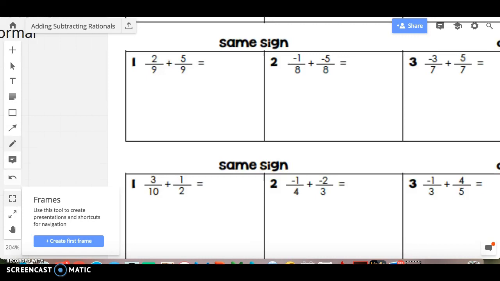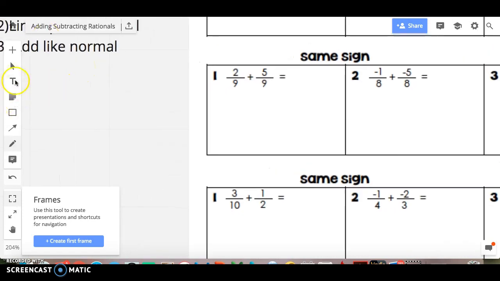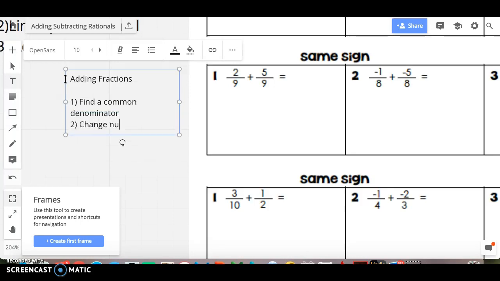And here we go with fractions. When we are adding fractions, remember: first step, find a common denominator. Second step, change numerators to make equivalent fractions.